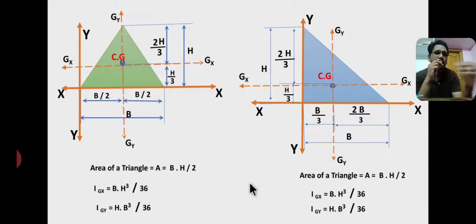In a similar way for triangular sections. This triangle shows the equilateral triangle or isosceles triangle. This triangle is a right angle triangle. Capital B is the base of a triangle. Here also capital B is the base of a triangle, and capital H is the height of a triangle.